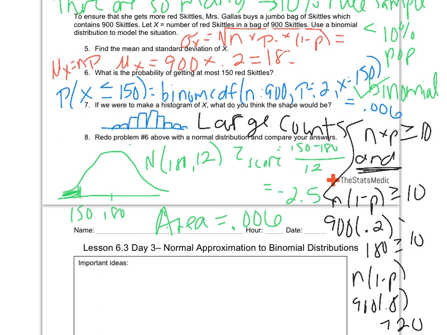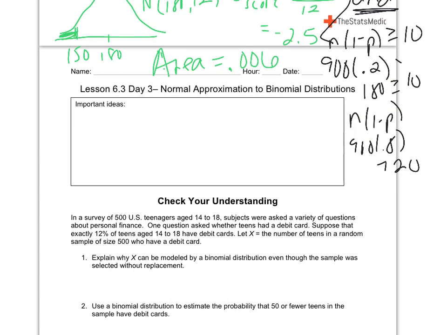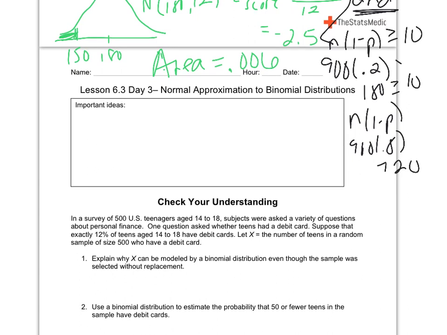So our big takeaways from this one, right? Your big ideas, we started to write this down in class, our 10% rule.